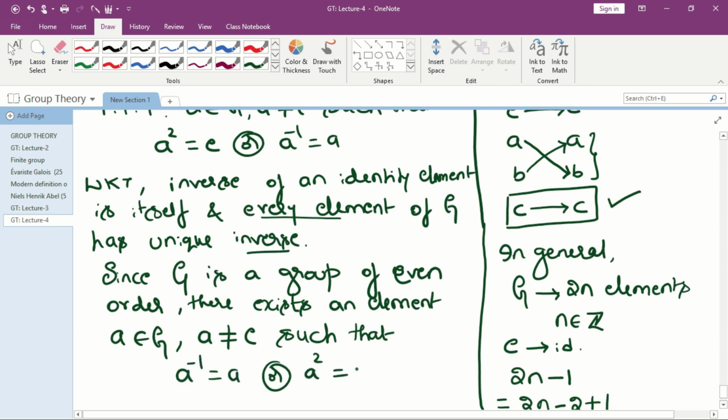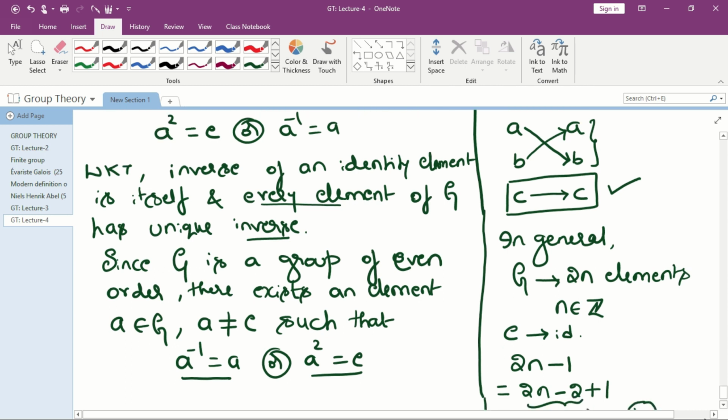The inverse of this element is itself, or we can write A square is equal to E. So we get A square is equal to E. For this equation, you multiply both sides by A. Okay, this completes the proof. In the next lecture, we shall consider long answer type questions. Okay, thank you.